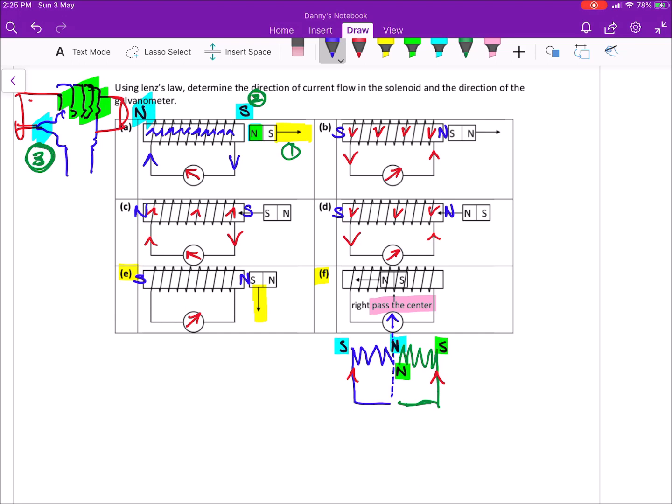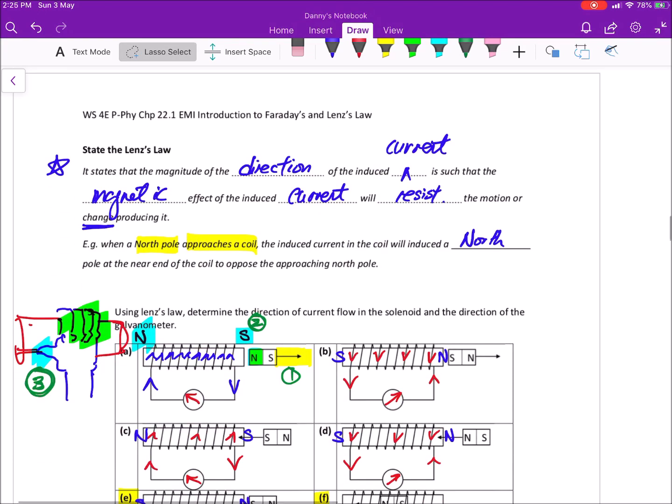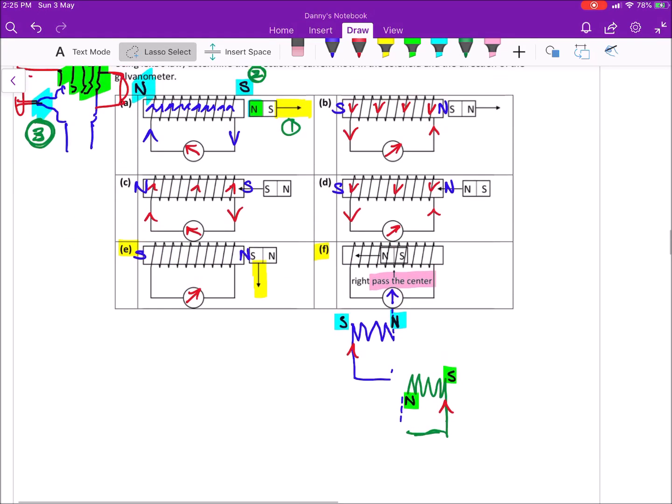For some of you who are having difficulty, maybe I will just cut it like that. Some of you may be wondering, what do you mean by left half, right half? For the left half down here, the magnet is actually entering, going this way. That's why you would have the north over here to resist the incoming north pole.